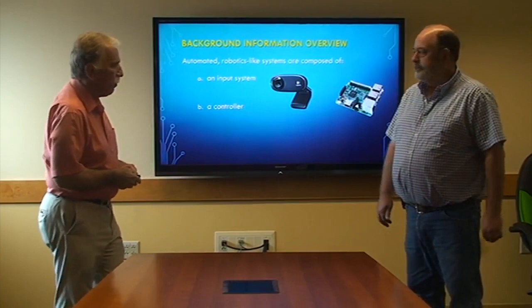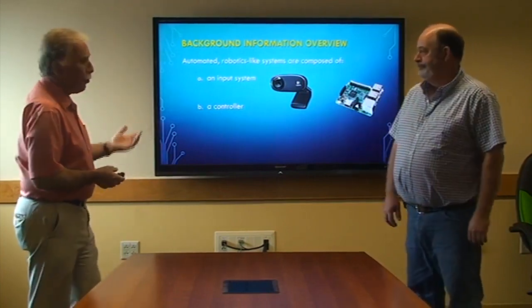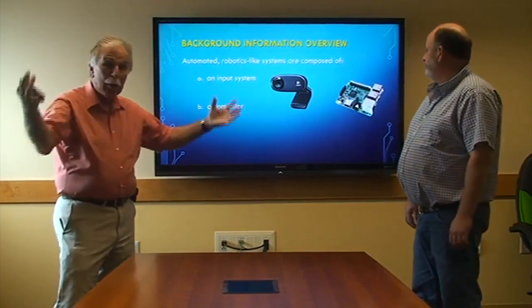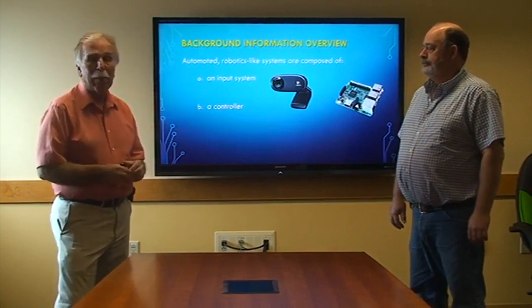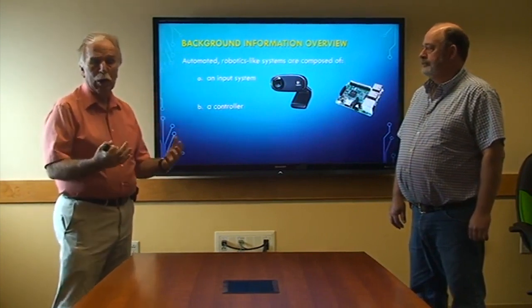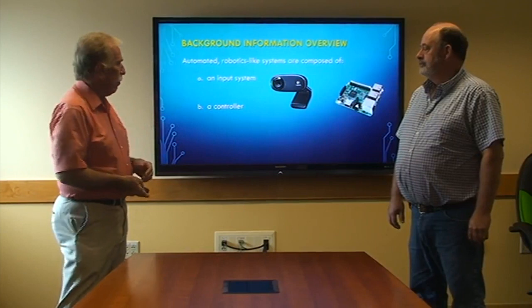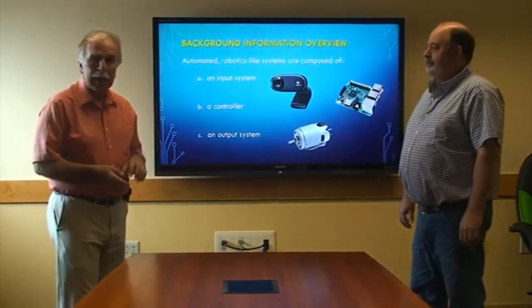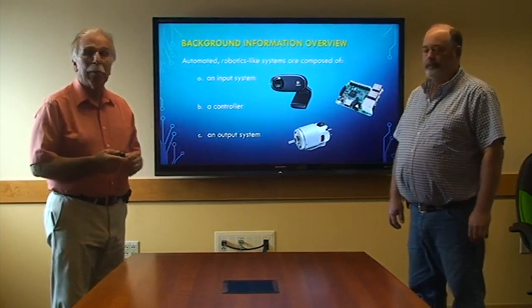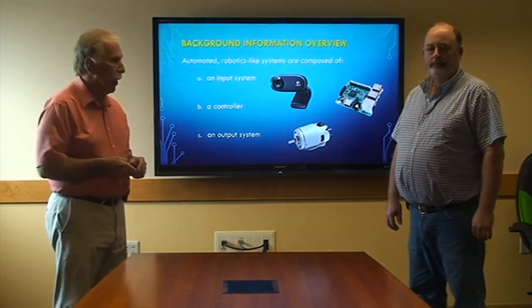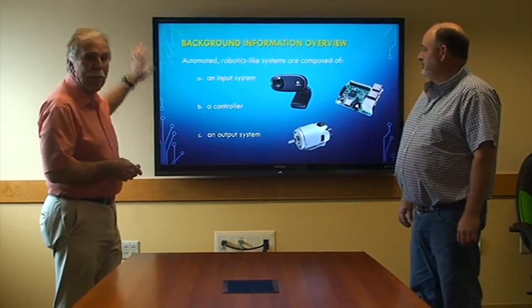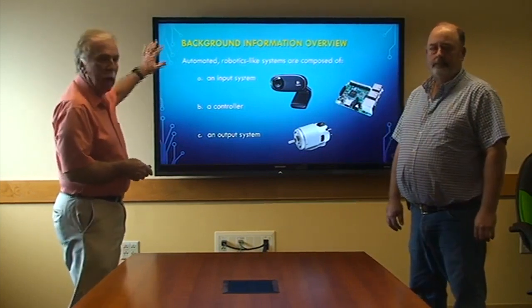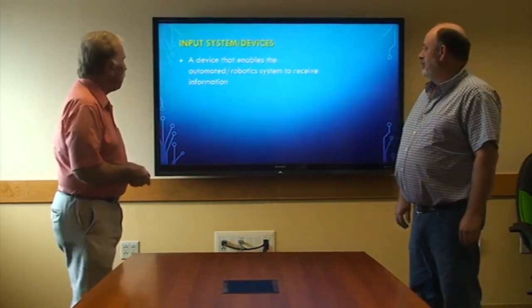Then a controller. An example of a controller could be a full-blown computer, or it might be a microcontroller board like a Raspberry Pi system. And we have the output system. Again, a prime example of that would be a motor, and there are others we'll talk about as we move through. So those are the three basic components of a robotic system.